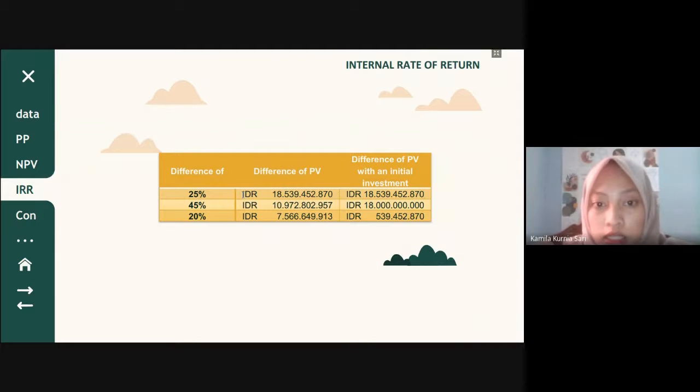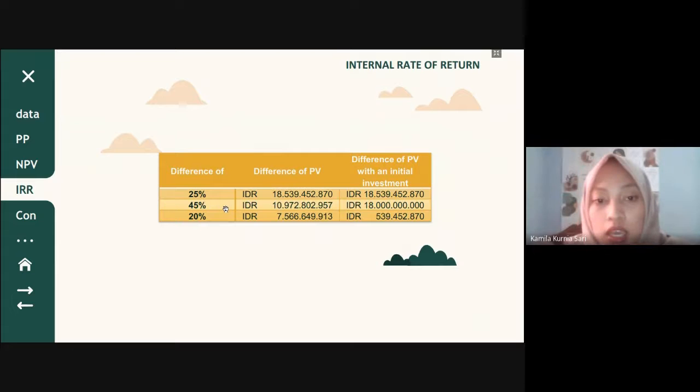In the second column, we have the total of present value for the 25% required profit.